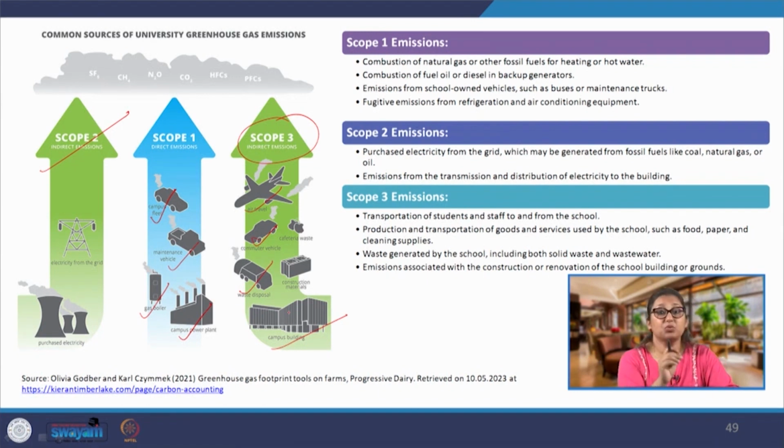But one thing we have to very clearly understand, and it is easier to understand from this particular example, is that we have understood all the purchased electricity is scope 2, but where is this purchased electricity going?